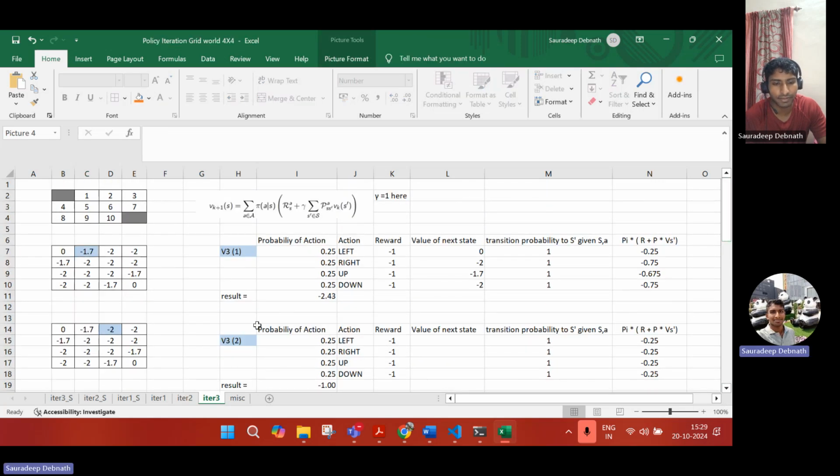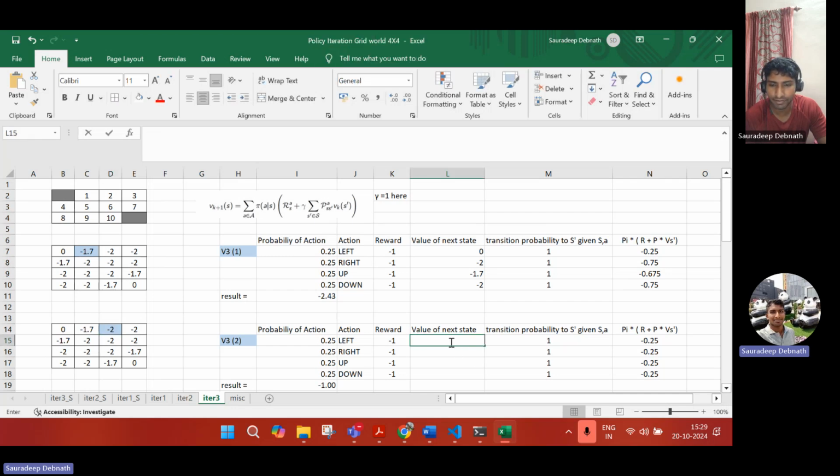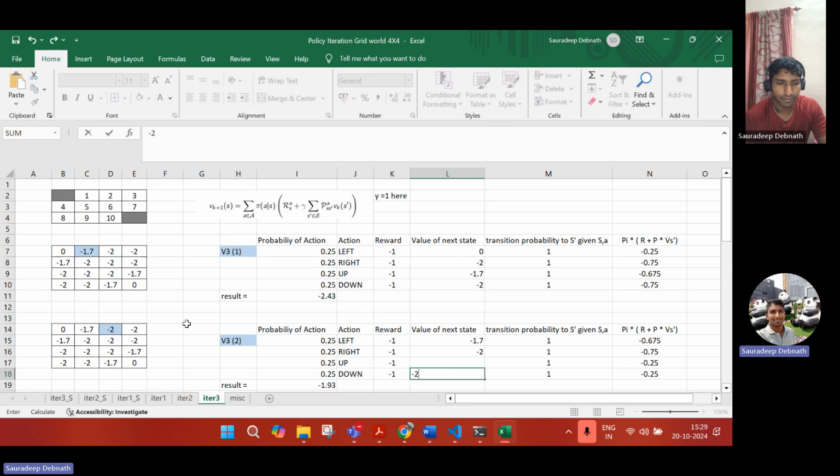Now let's do it for this cell. What would happen if I go to the left? -1.7. If I go to the right from this blue cell, the current cell in consideration, from -2 I again go to a cell with value -2. If I go down, again -2. What if I go up? I'll remain where I am, which is -2.